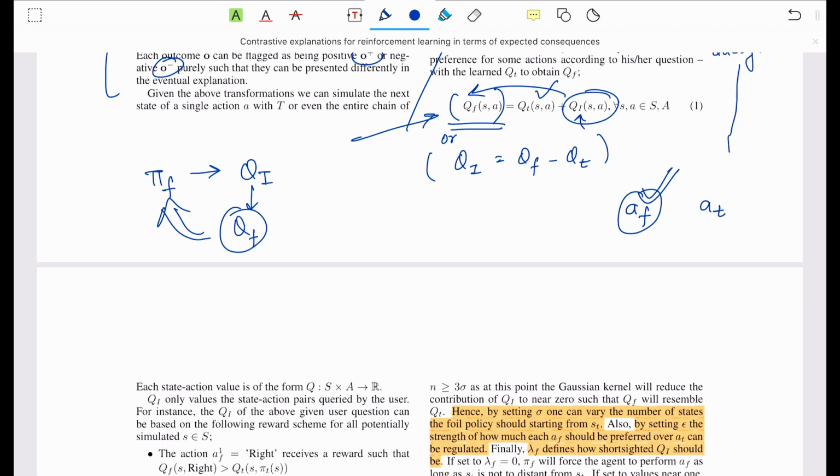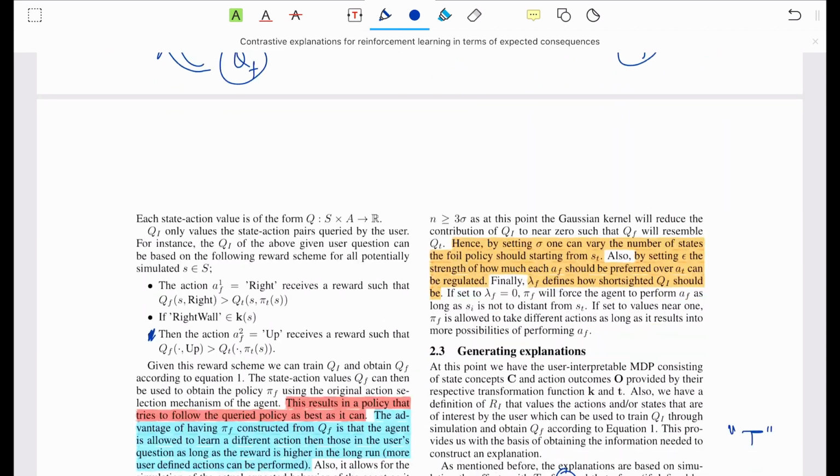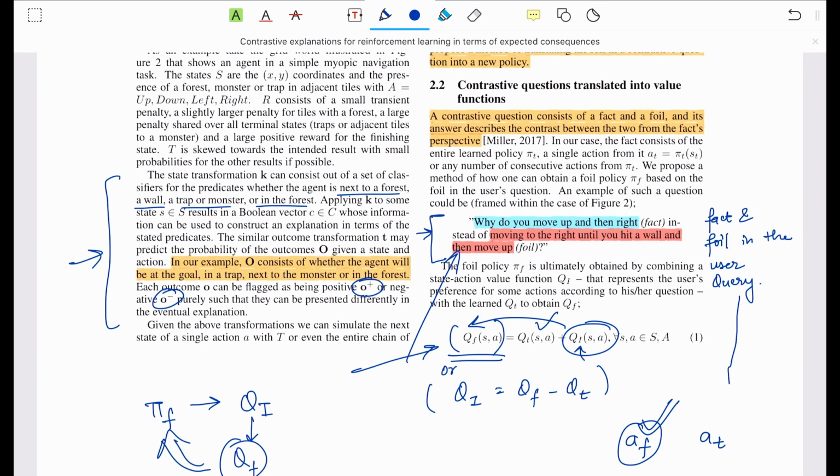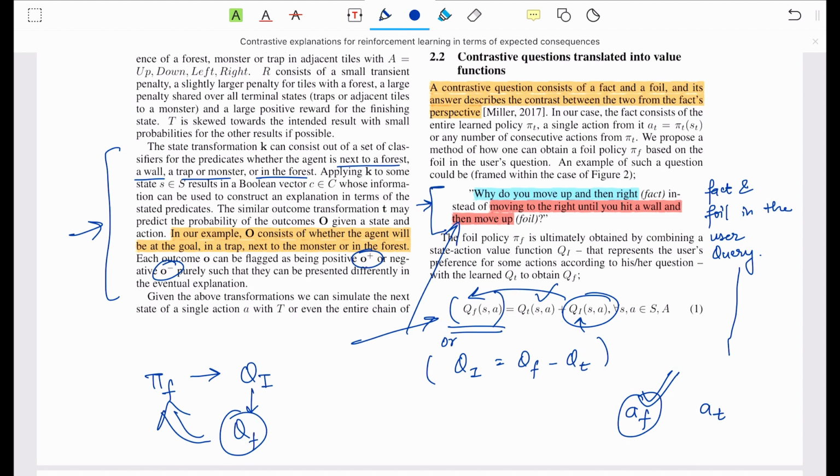The way these guys do this is to give more reward when you take AF instead of when you take AT. An example here, following their original example: the agent moved up and then right. What the human suggested is move right, and when you hit a wall, then you keep moving up.